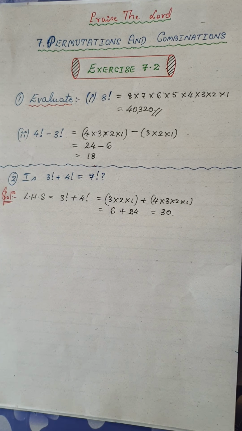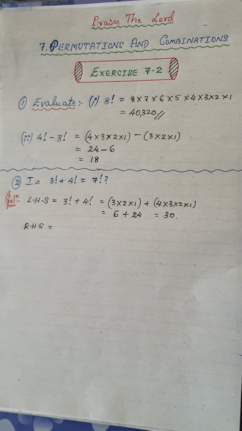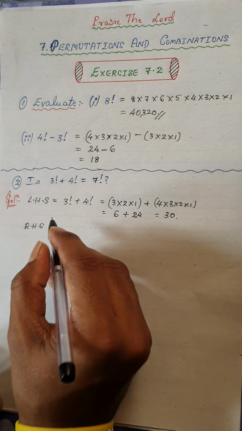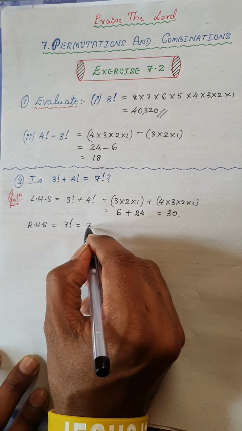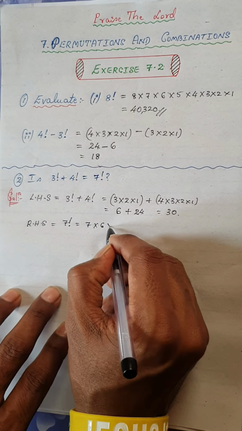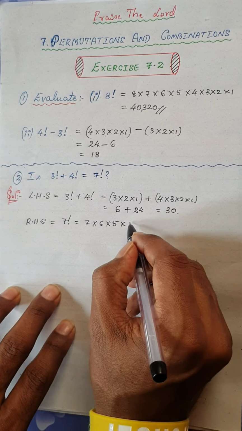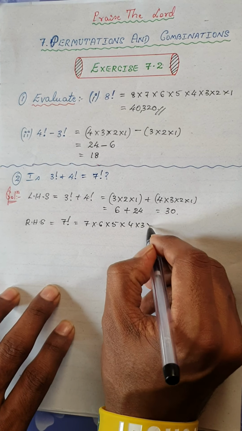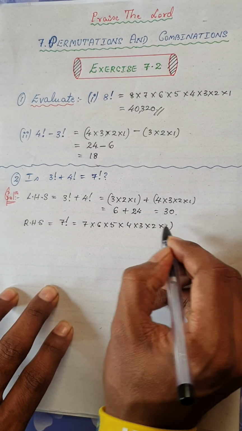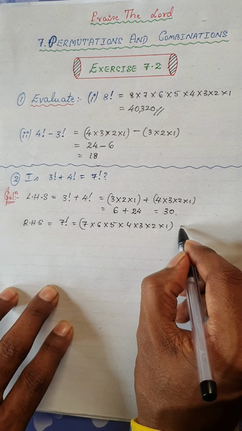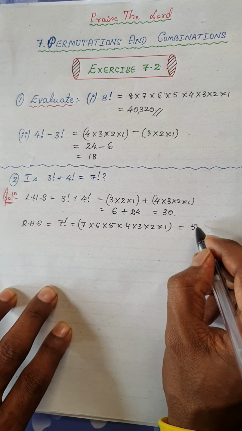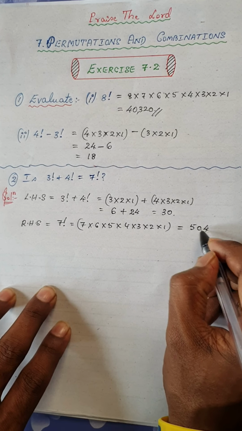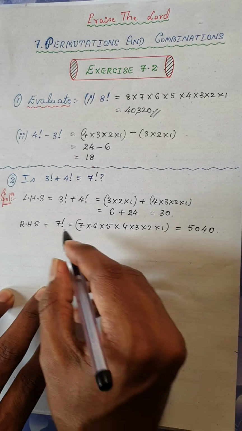Let us calculate our RHS. RHS is nothing but 7 factorial. So this is nothing but 7 into 6 into 5 into 4 into 3 into 2 into 1. If you multiply this, you can use your calculators. You are going to get 5040. So this is the value of 7 factorial.